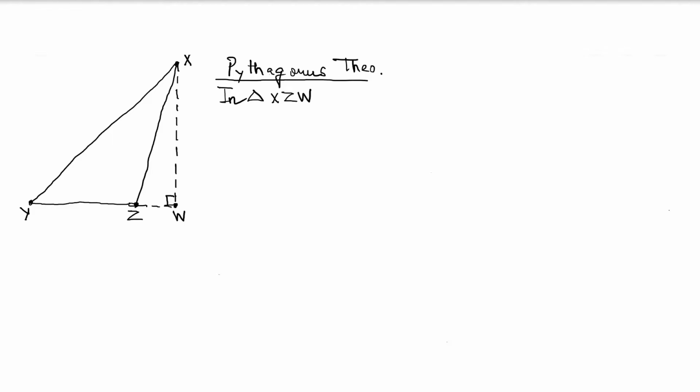So coming back, in the triangle XZW, can we say that XW whole square, which is perpendicular whole square, is equal to the difference between the square of its hypotenuse and its base?